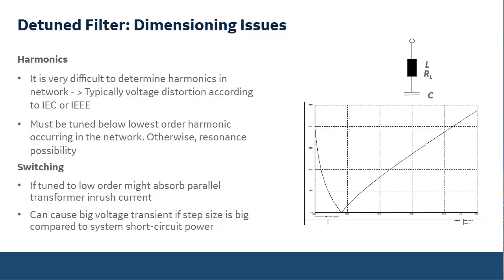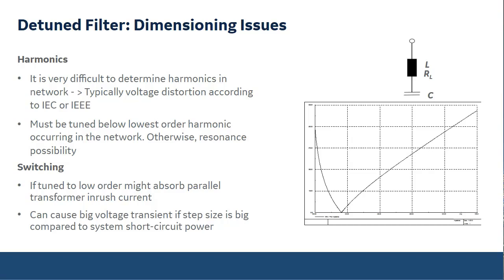Then it must be tuned to a lower order below the lowest order harmonic occurring in the network. So you have to know something about your network, but in renewables, for example, you typically know quite a bit on the harmonics, so it's easy to say what is the lowest order harmonic that you have in your network. And then you tune this detuned bank below that frequency. Then you are safe from resonances.